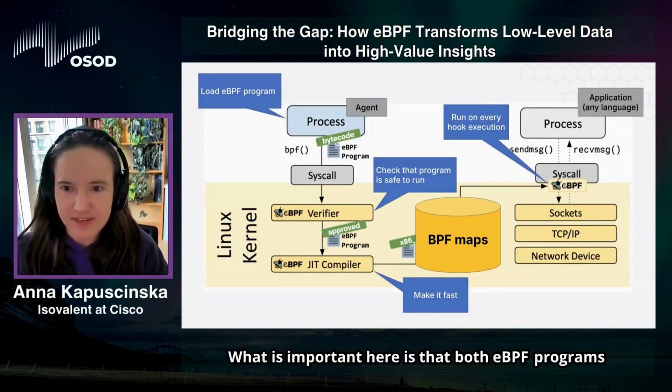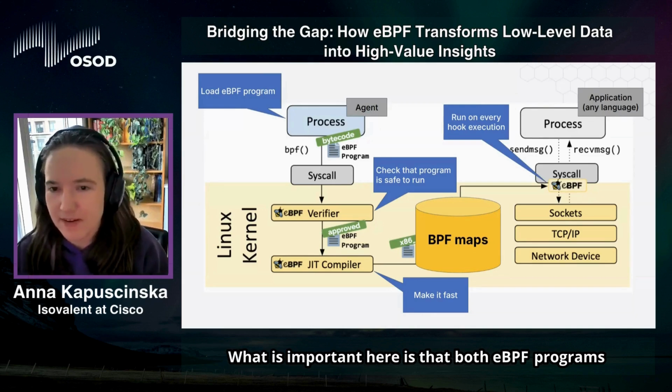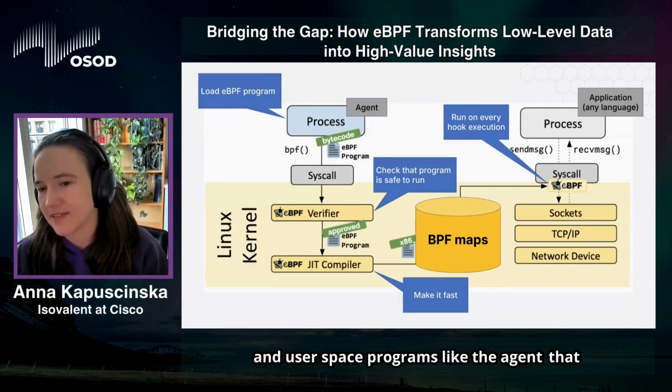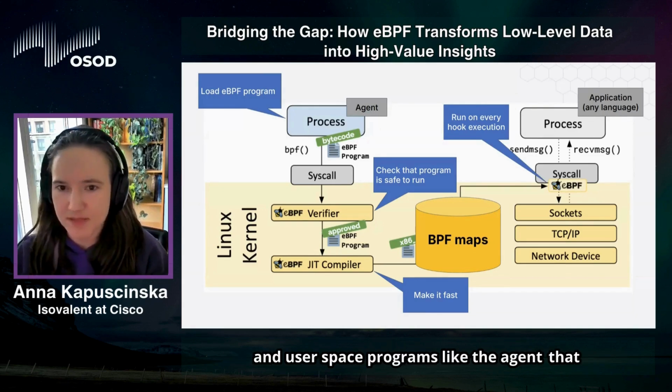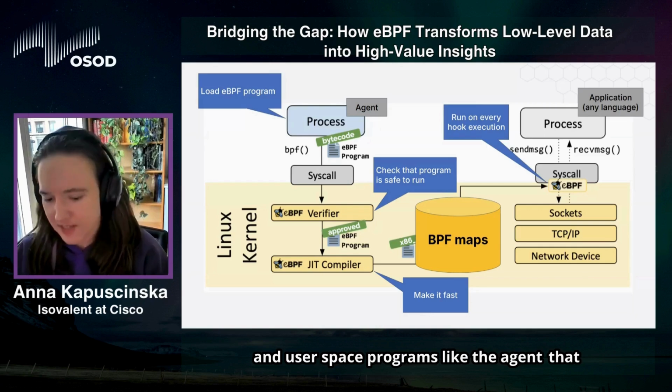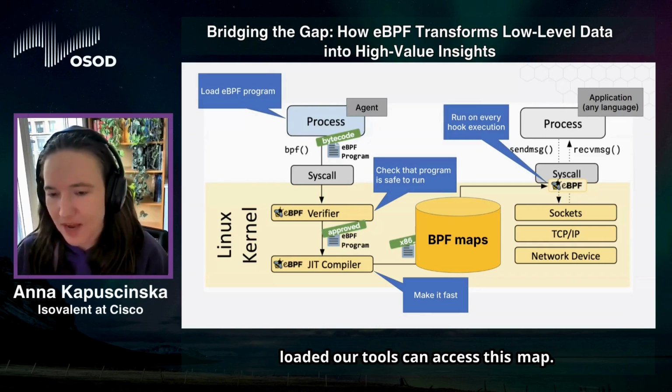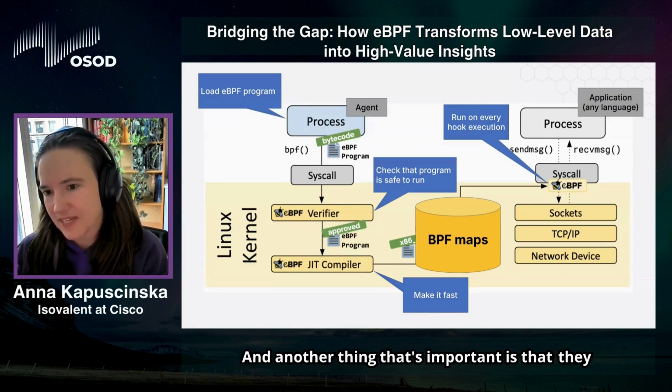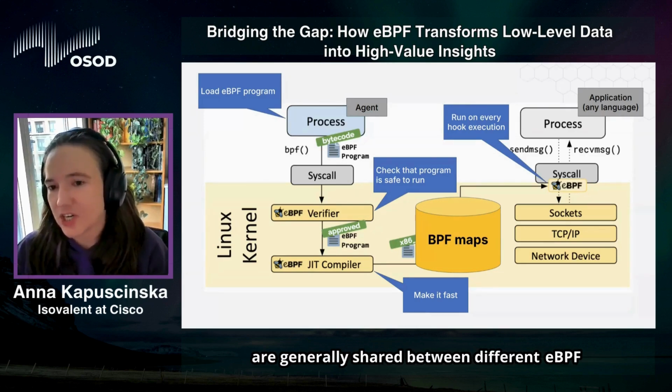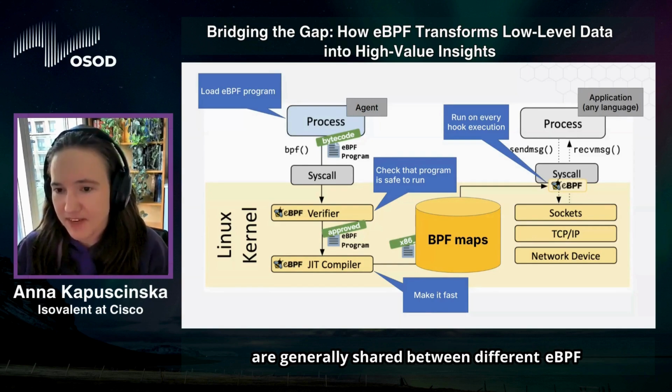What is important here is that both eBPF programs and user space programs, like the agent that loaded our tools, can access this map. And another thing that's important is that they are generally shared between different eBPF programs.